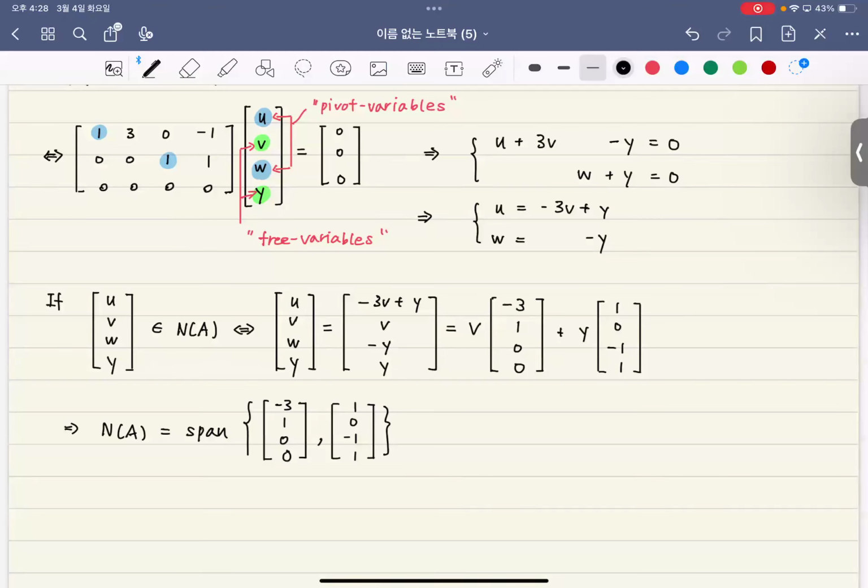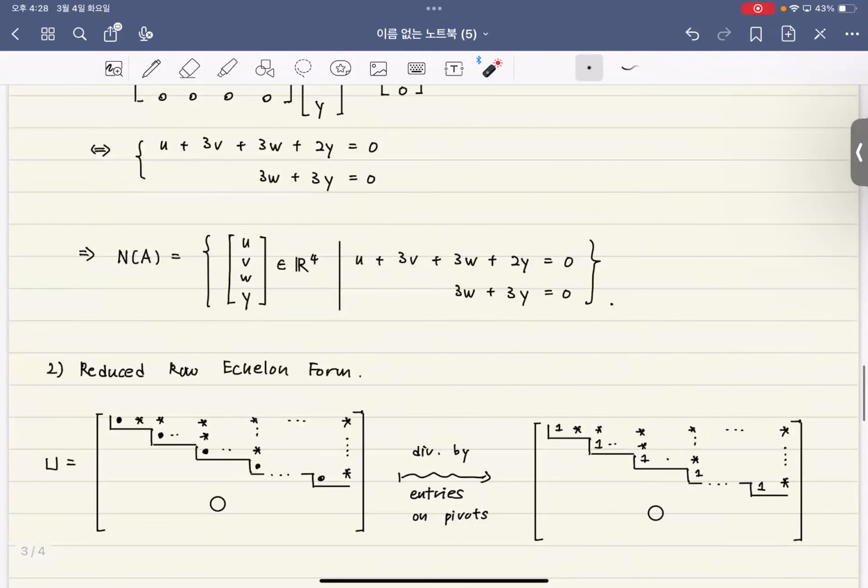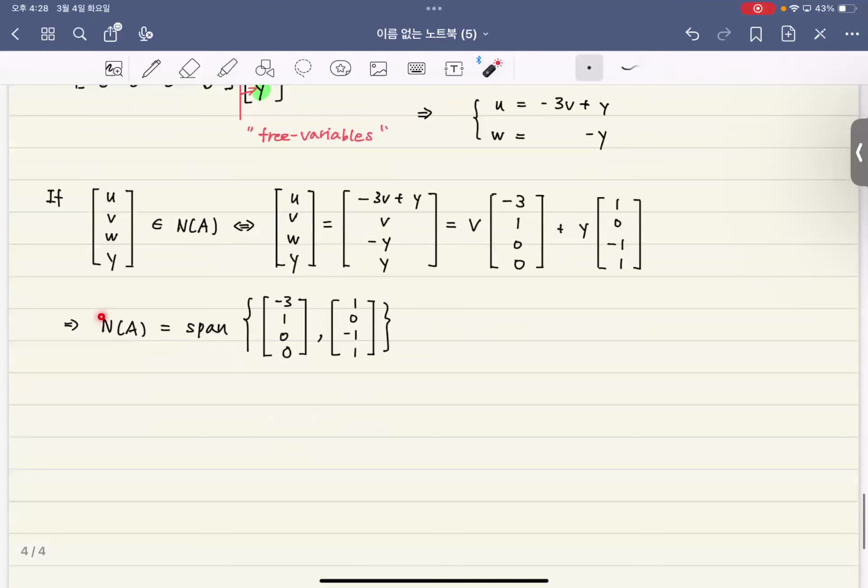The null space turns out to be the span of these two vectors. Now let me compare. So this is another description of the same subspace. This null space of A was previously described as the set of all vectors satisfying these two conditions, or the same subspace this time around is the span of these two vectors.